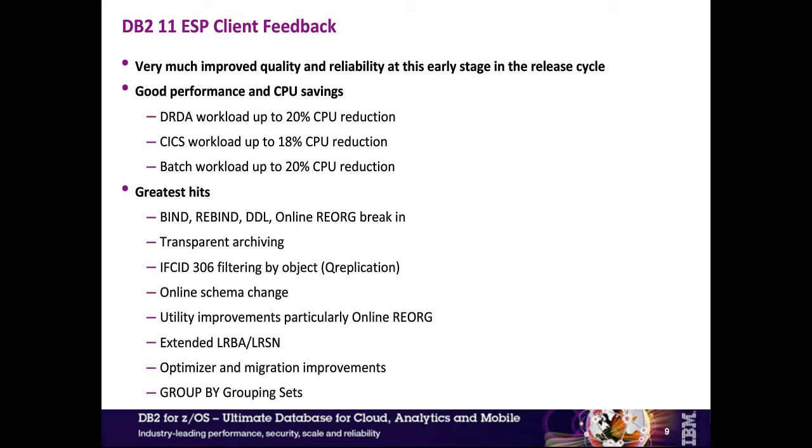But unfortunately, bind, rebind, SQL DDL, and online reorg do not use the drain and claim mechanism, and therefore the shared lock held by the packages running as release deallocate are blocking these types of activities. So we have a new autonomic capability that allows these types of command, DDL, and utility to break in.